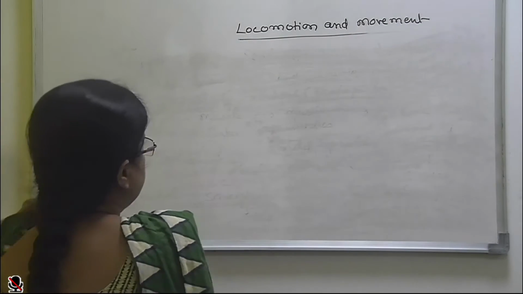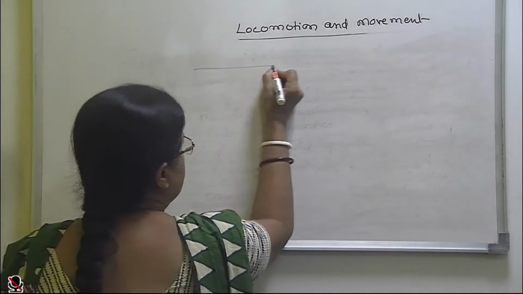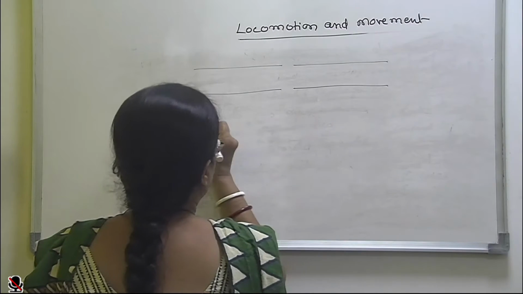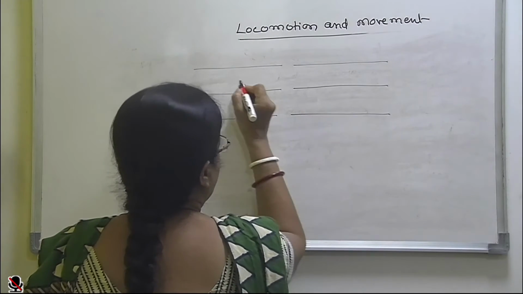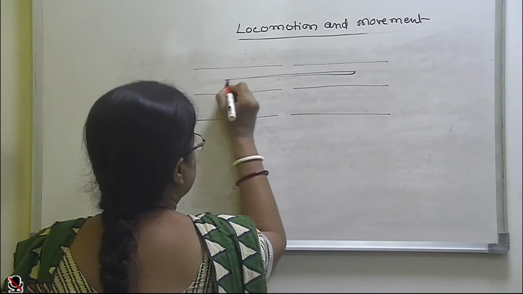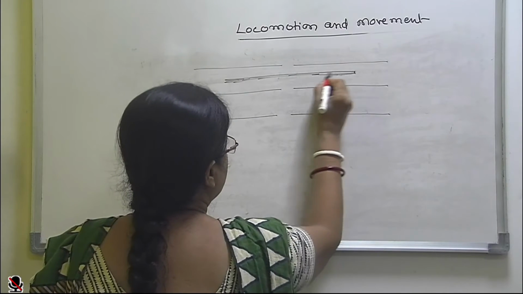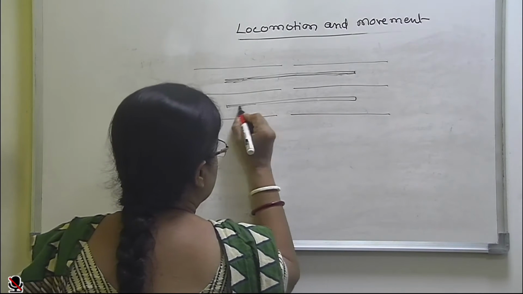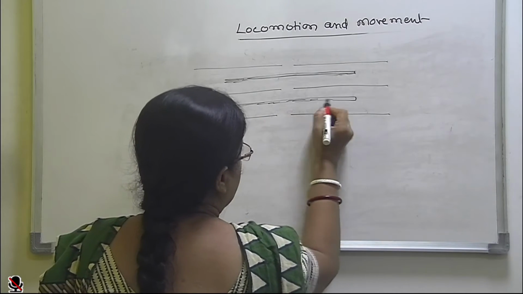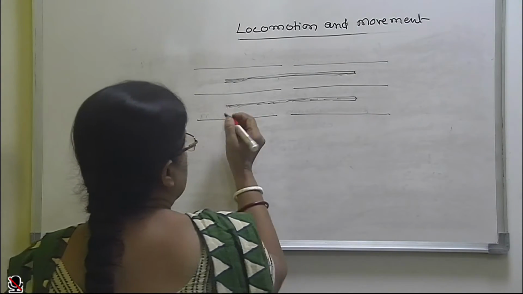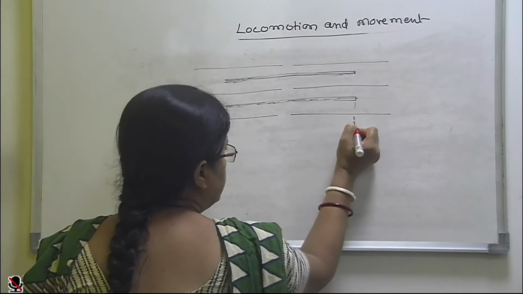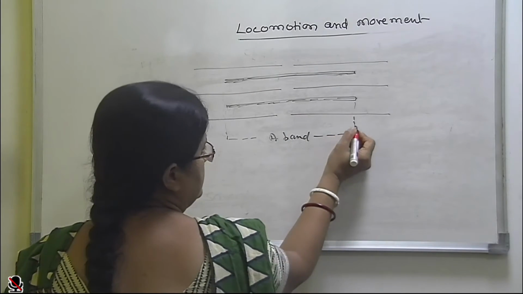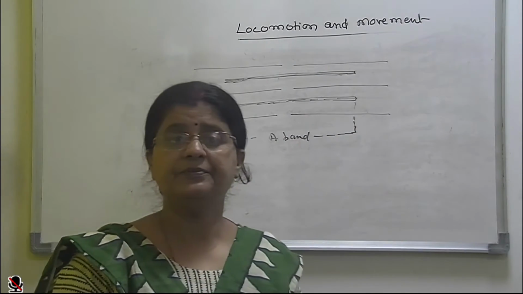What I said is that there is a light band made up of the thin protein actin, right? And there is a thick band of myosin, due to the myosin protein, and this thick band is known as your A band or anisotropic band, right?